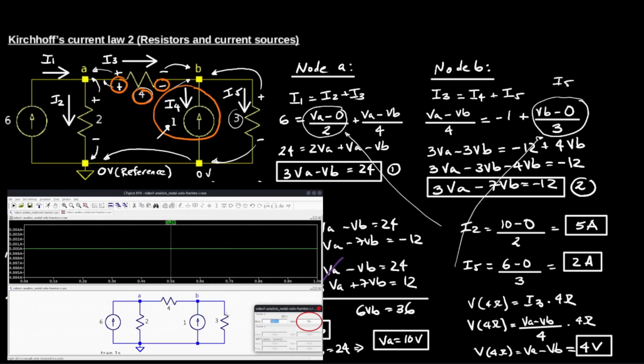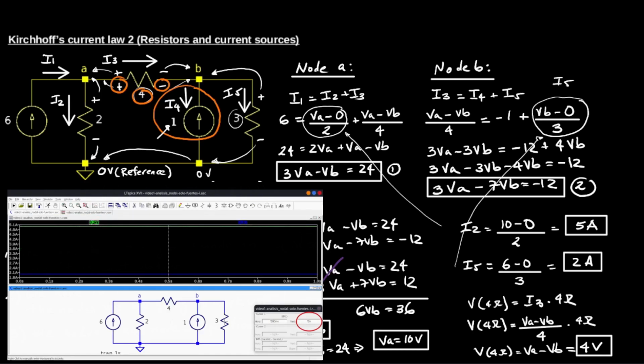Okay, later I will find the voltage across 4 ohm resistor, but now I'm going to get the current through the 3 ohm resistor. Okay, and I see that it is 2 ampere, and when calculating the voltage difference across the 4 ohm resistor, I'm going to get that it is 4 volt.